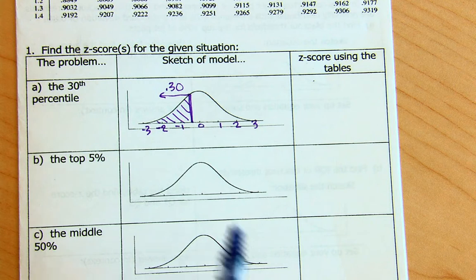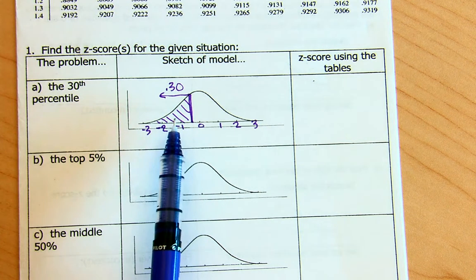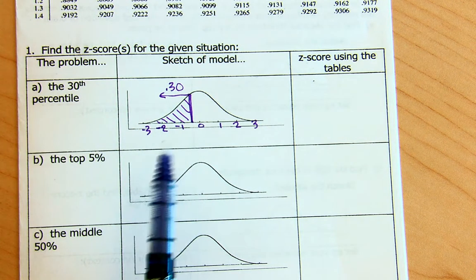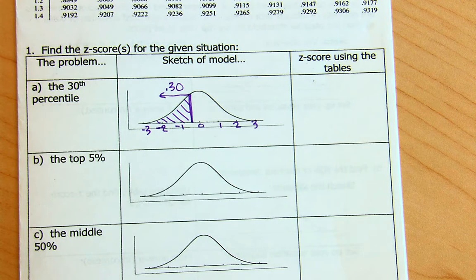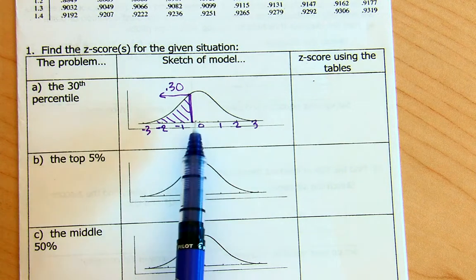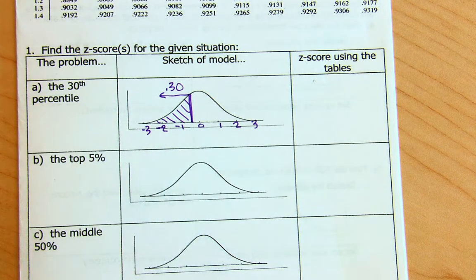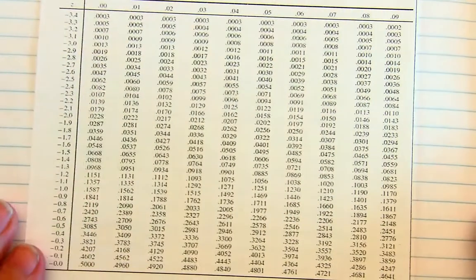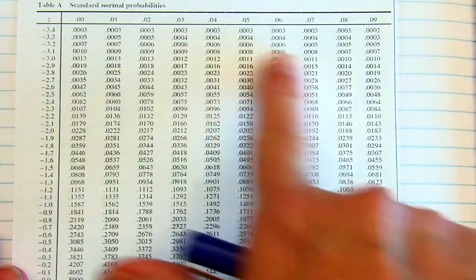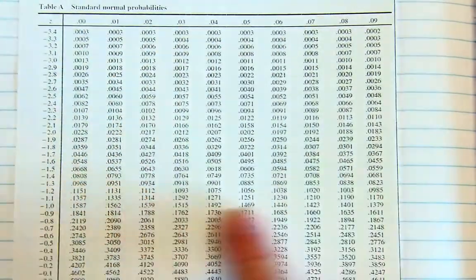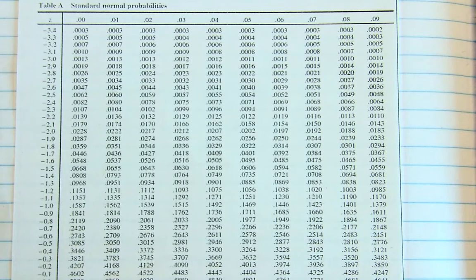So for the 30th percentile, am I looking at a positive or a negative z-score? Negative. So how do we know that? Because it's on the left side of the mean. It's less than 50%. So I'm looking over here on page 8 where all my negative numbers are. I'm going to look at these values inside here and find the closest number that I can to 0.30.